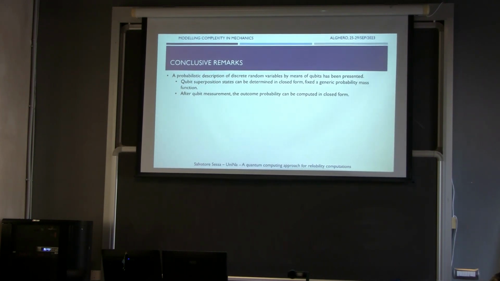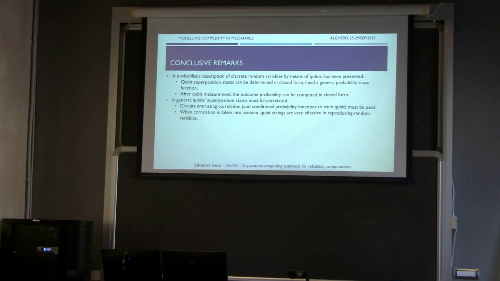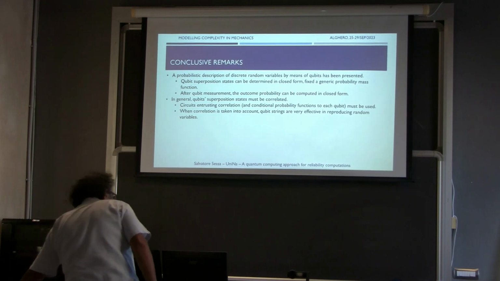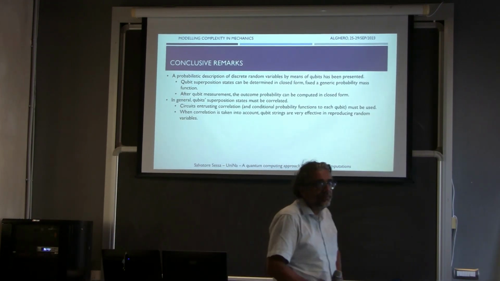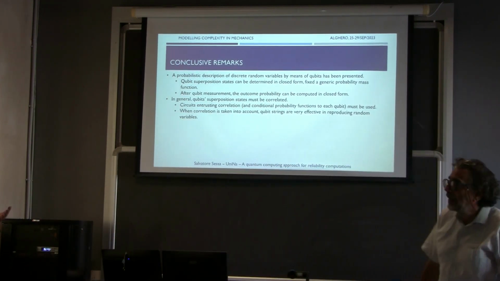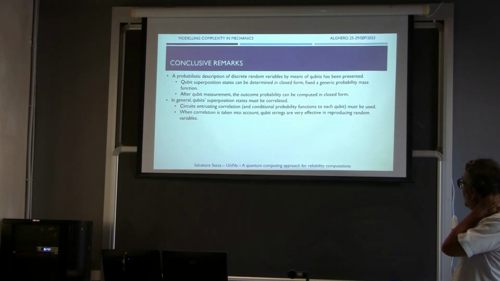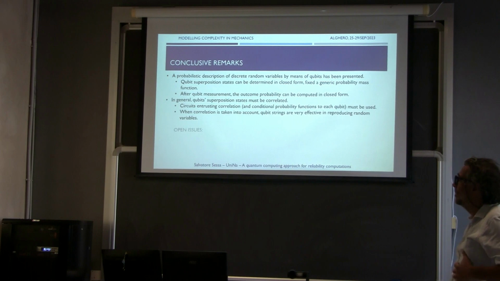And after qubit measurement, we can do the opposite, so we determine the probability density function of an outcome, again in closed form. In general, we have correlation between qubits, so we need a circuit accounting for it, and when correlation is taken into account, again we get a perfect match between the theoretical and the computational density functions.